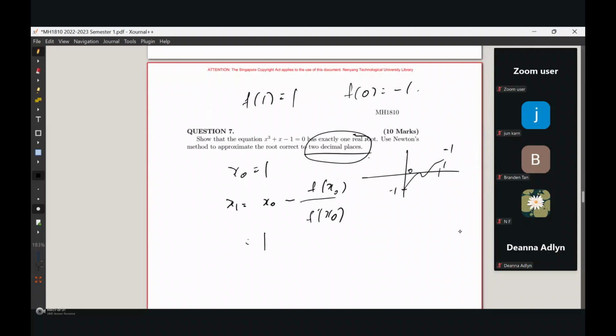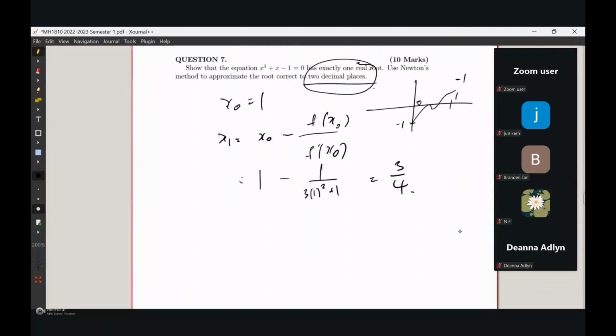So here, x0 is 1. Minus f(x0), which is 1, over the derivative 3x squared plus 1, so 3 times 1 squared plus 1. This is 3 over 4. So x1 is 3 over 4.